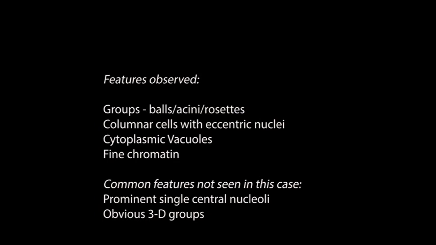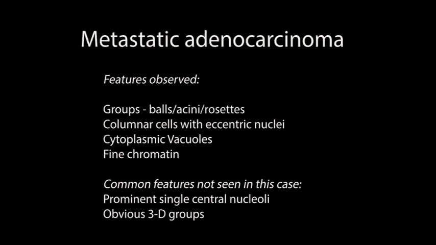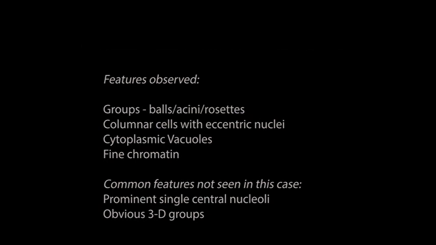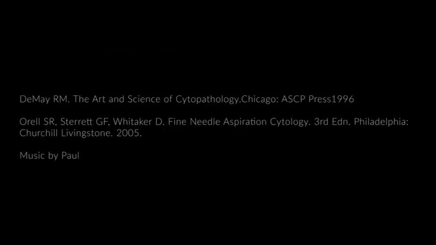The nuclei themselves are showing a little bit of variation in size and shape, not a whole lot. They're mostly round, oval, and they have quite a fine chromatin. Nucleoli weren't a really big feature of these, but that's a common feature seen in adenocarcinoma, a prominent single central red nucleolus. But apart from that, it's pretty much diagnostic for metastatic adenocarcinoma.